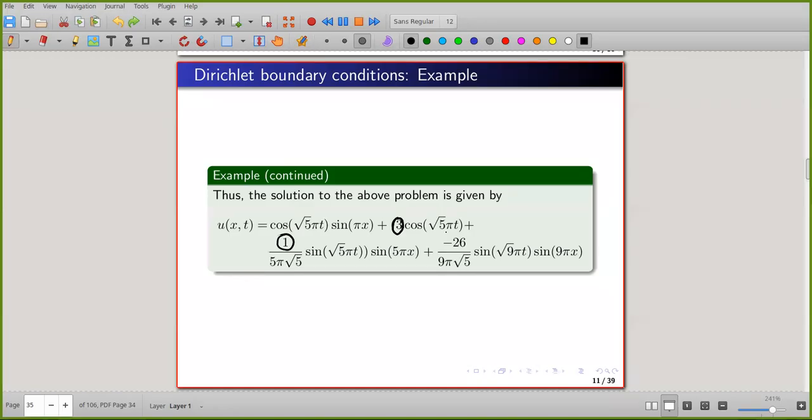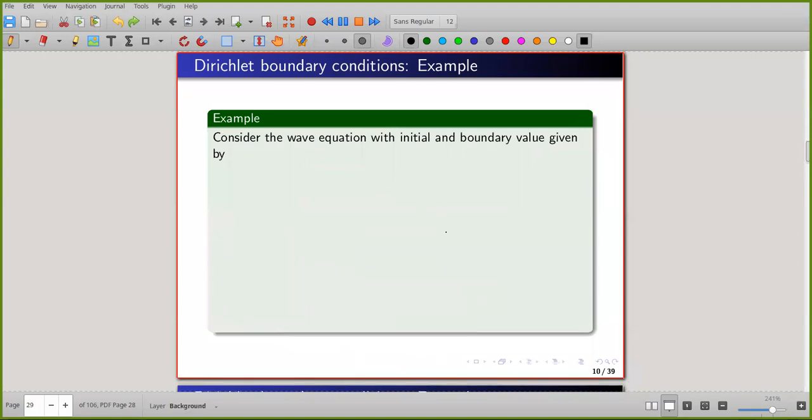I'm a little bit confused. Why is there a square root 5? Have I made some mistake?